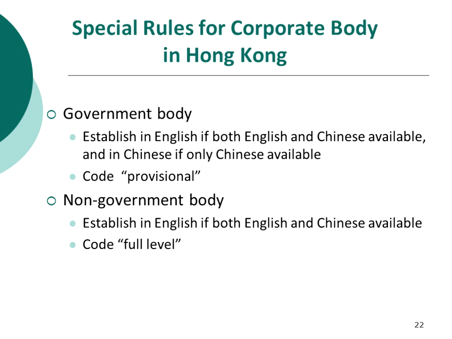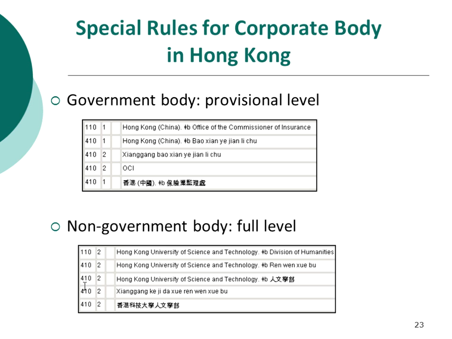And if the item shows the government body's name in English, establish that body in English and again code provisional. Now keep in mind, this rule does not apply to non-government bodies. In other words, we would code full level for all non-government bodies in Hong Kong.